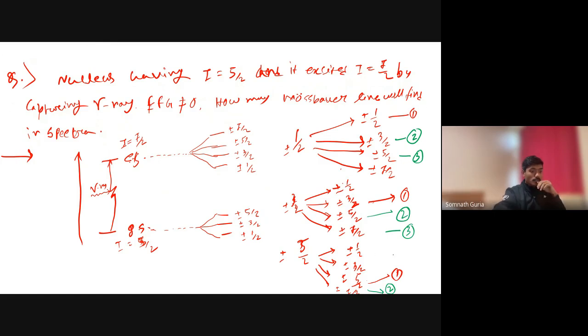Okay, so the rest of the things are different. This one will be another one. This one will be 1. This 3 by 2 to half. This 5 by 2 to 3 by 2. This one also has similar energy.